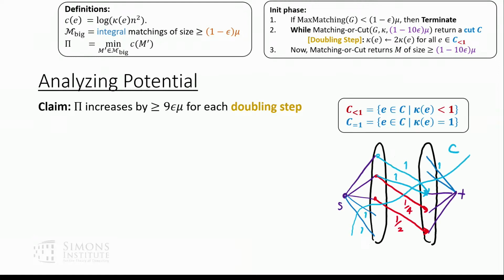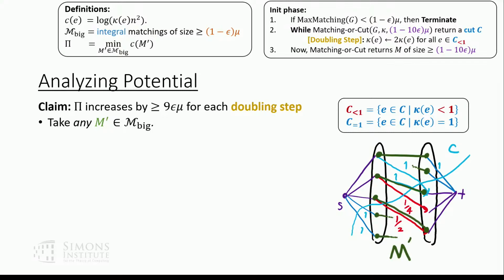The proof is quite simple. Let's look at this cut and consider any matching. I'm going to claim that this matching uses a lot of these red edges. And so when you increase the cost of these red edges, the cost of your matching goes up. I'm going to prove this for any matching, any maximum matching, its cost must go up as a result of this doubling step.